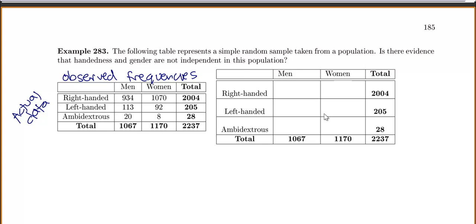Now in this table, we want to put the expected frequencies. So this is our expected, or our theoretical counts of what we should have had. So what we're going to want to do first is find the expected frequencies.